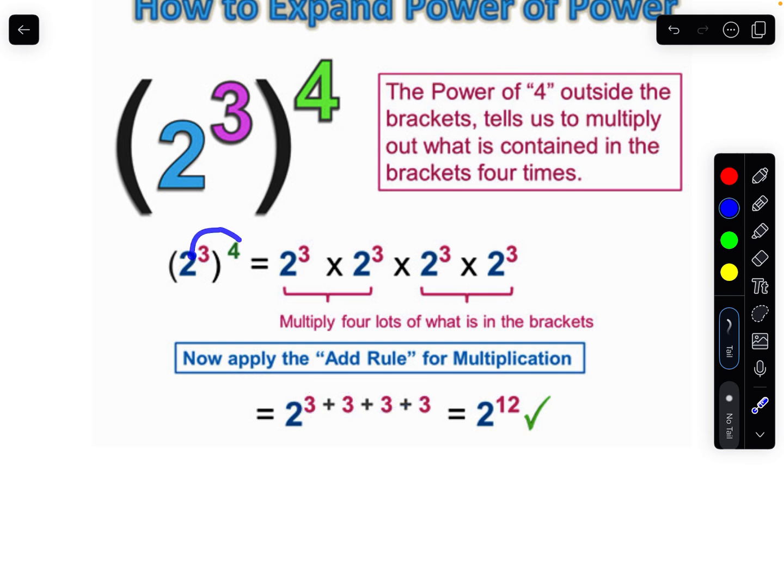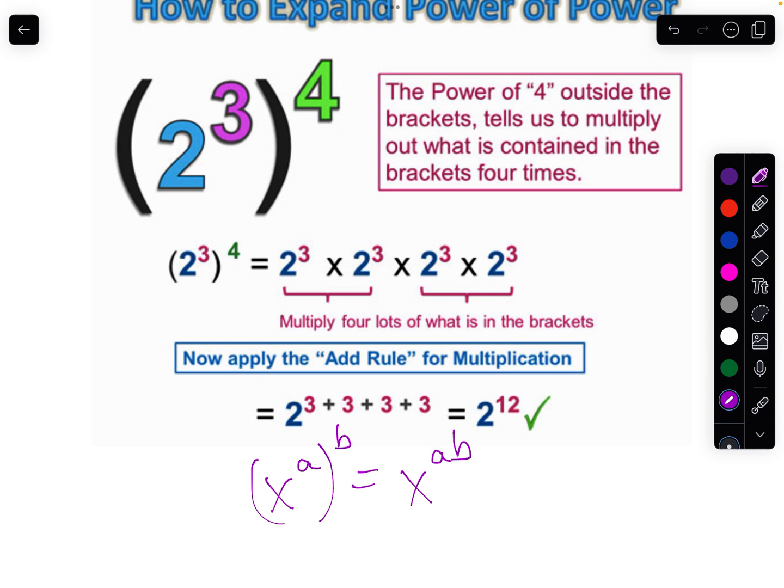How do you combine 3 and 4 to get 12? Is there a shortcut here? Sure there is. If I have a power, like x to the a, and I raise that to another exponent, I multiply my exponents together. That's what we'll get, x to the ab power.